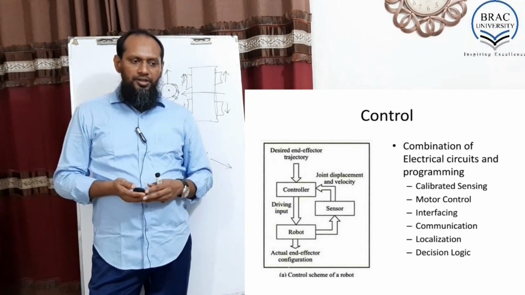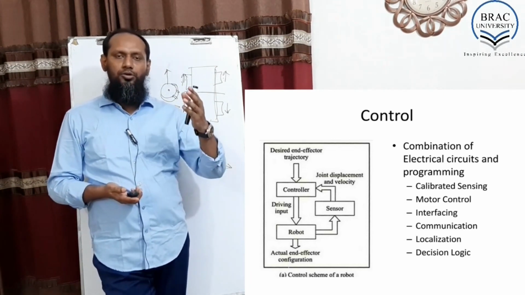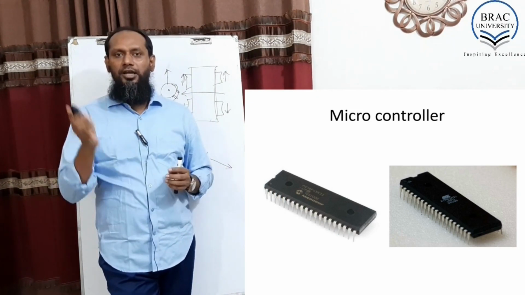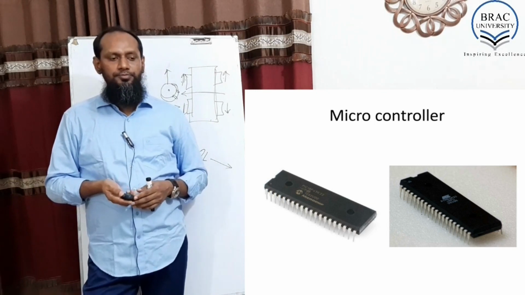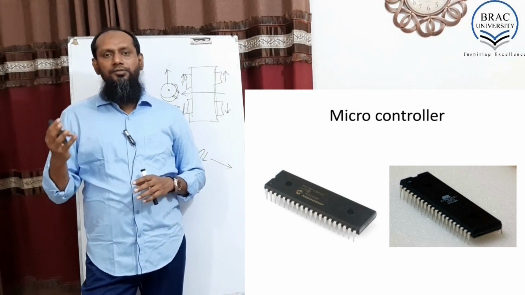Here I am mentioning some types of processors. One is the microcontroller, for control algorithms. For very simple devices like this, a microcontroller can be used. Another one is Raspberry Pi and this kind of device.